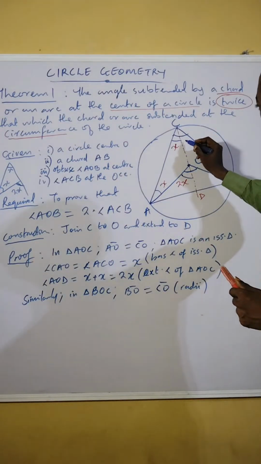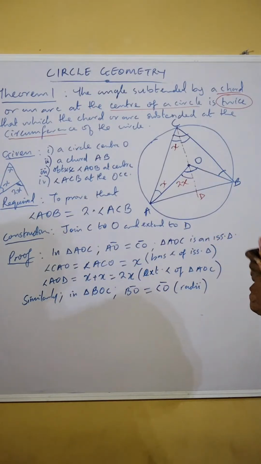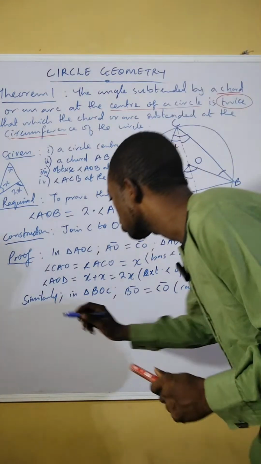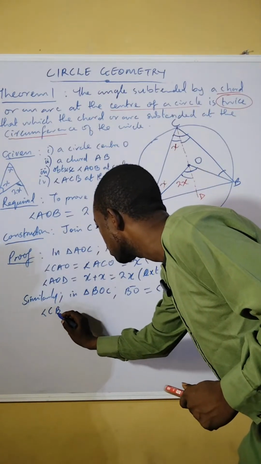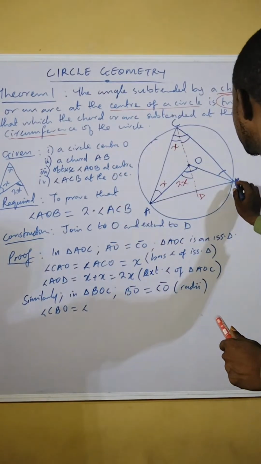And in the same way, we have the base angles here are also equal, which when we label it, we can say angle CBO is also equal to angle BCO.